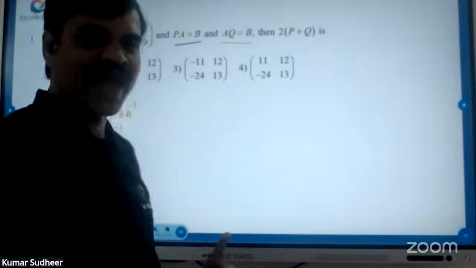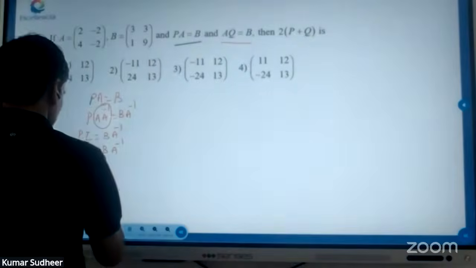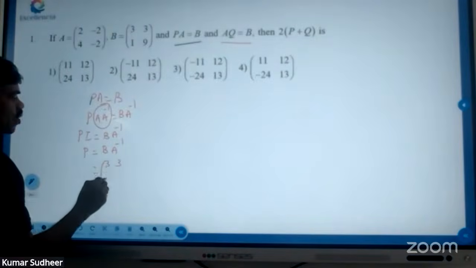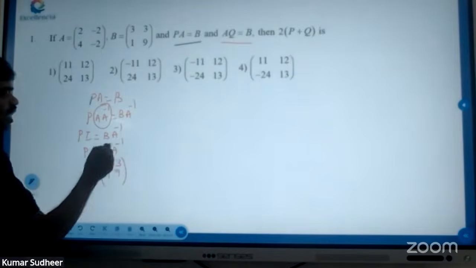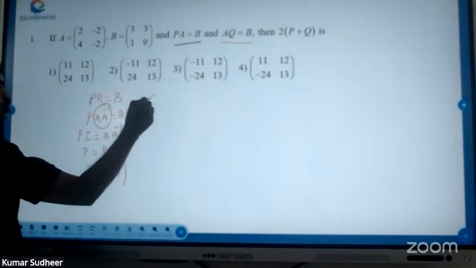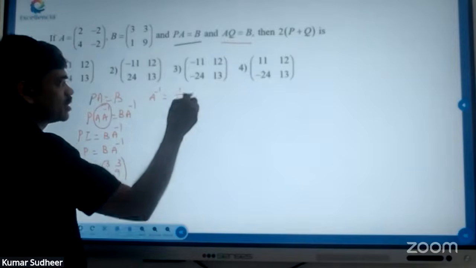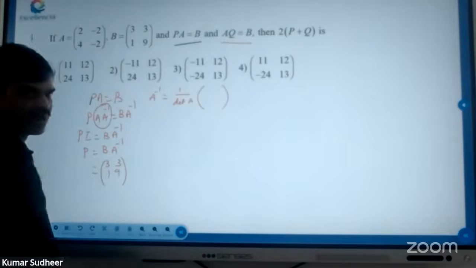So all of you know how to find out A inverse. It is a 2 by 2 matrix. I will write first B. B is nothing but 3, 3, 1, 9. Let us find out A inverse. A inverse is equal to 1 by delta A into the adjoint of the matrix.